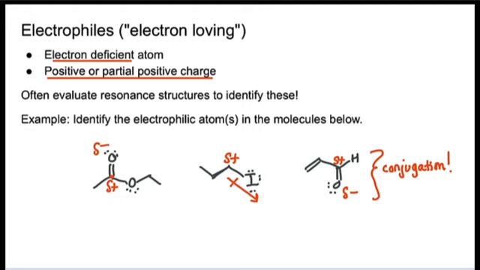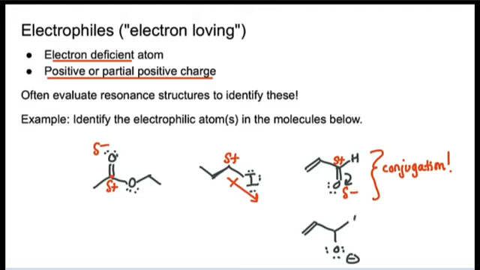That means that we have a couple of resonance forms that we could consider here when deciding if the carbon atom involved could be electron-loving or electrophilic. Right, so I could just break this isolated carbon-oxygen bond to generate a very minor resonance form, and I'm only going to do that for illustrative purposes.